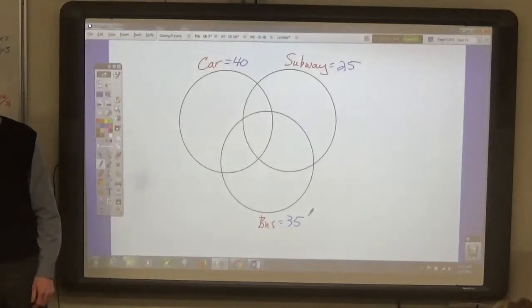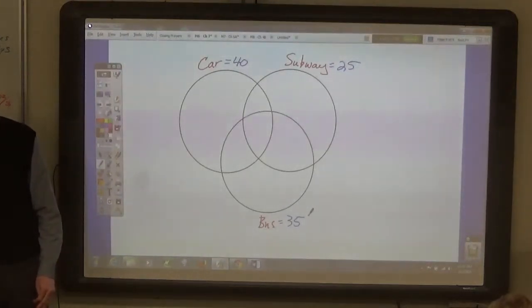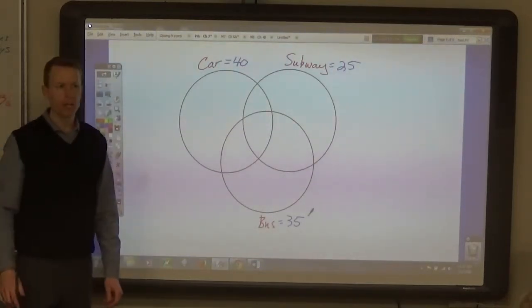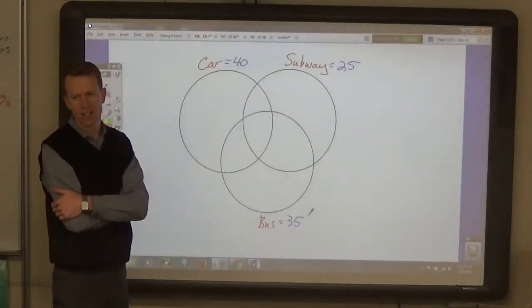Now, what else do they give us? 6 people use both subway and bus. 10 use both bus and car. 9 use both subway and car. 4 people use all 3. What should we start with? 4.